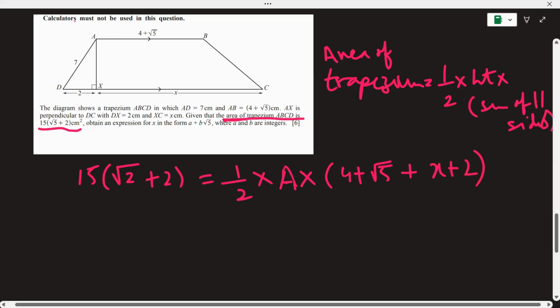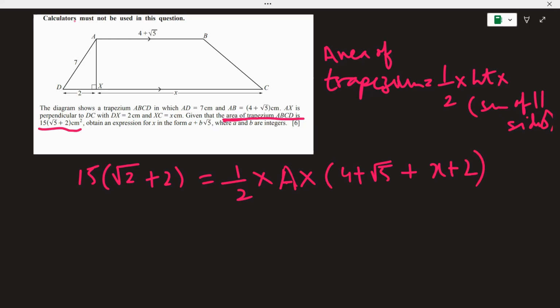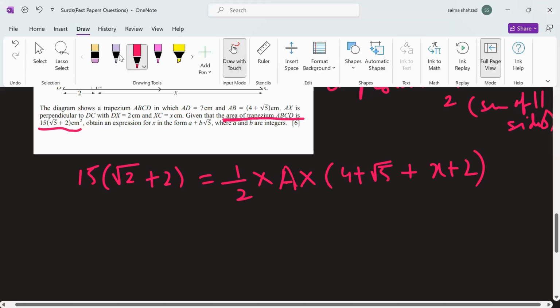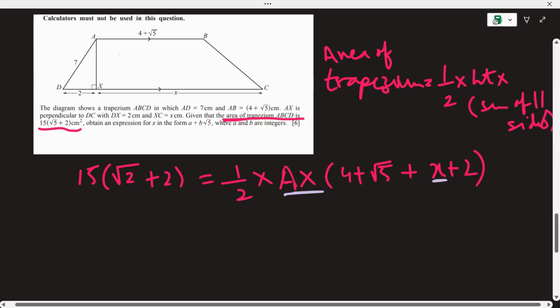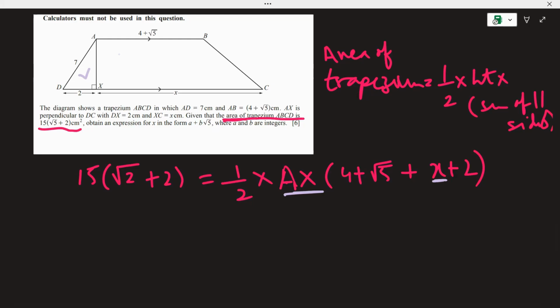Now you see that when you substitute values, we have two unknowns. Perpendicular AX is unknown, and the second value, this x, is also unknown. So we have two unknowns, AX and this x. But by using this triangle ADX, you can find the value of this perpendicular AX by applying Pythagoras theorem. So we apply Pythagoras theorem.